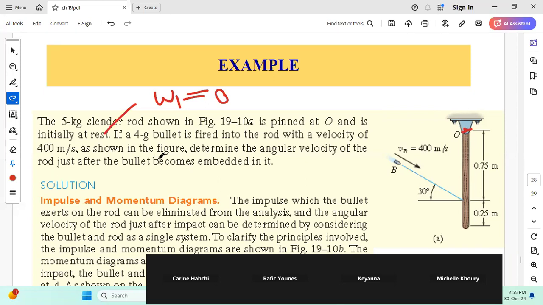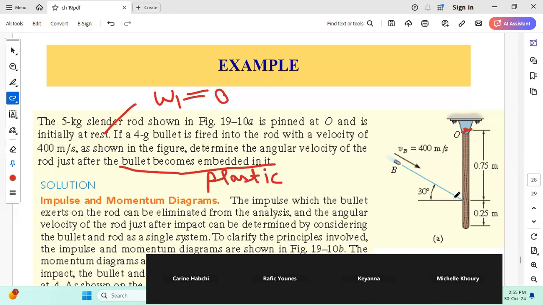First, the bullet will be embedded in the rod. So what type of collision is this? Inelastic. Plastic, okay? Because the two bodies will move at one final velocity, the problem is a plastic collision.